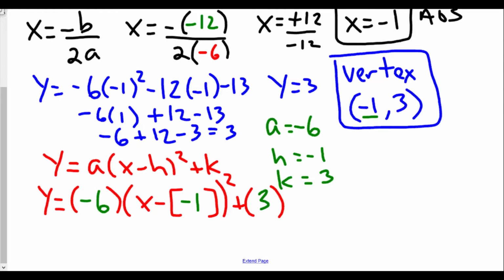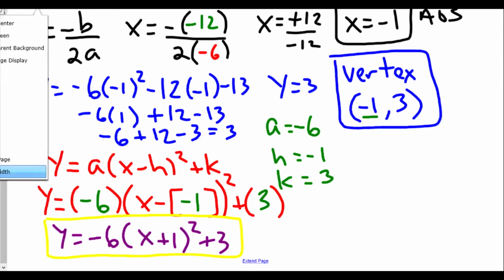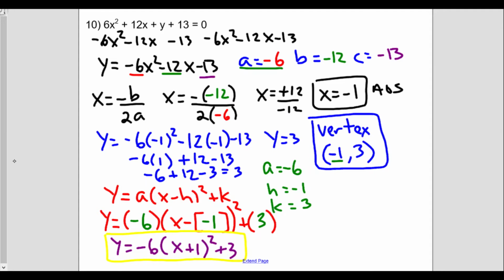When we simplify everything, we're going to get y equals negative 6 times x minus negative 1, which is x plus 1, squared, plus 3. And this is going to be the vertex form of the quadratic function 6x squared plus 12x plus y minus 13 equals 0.